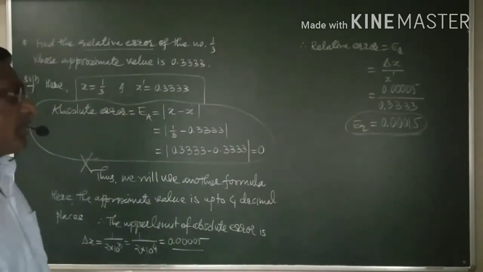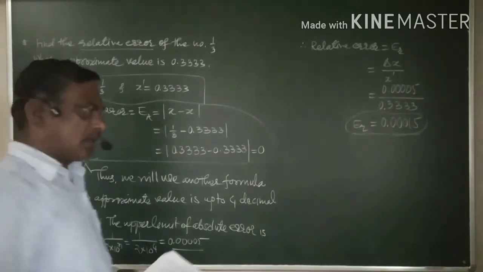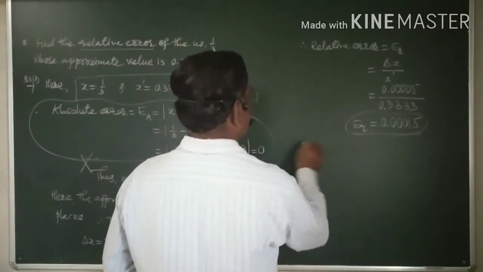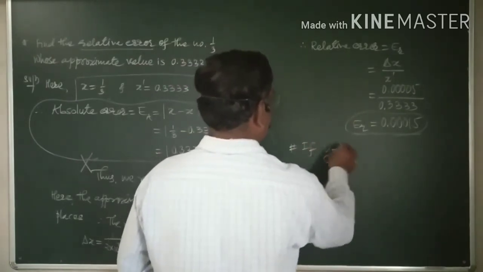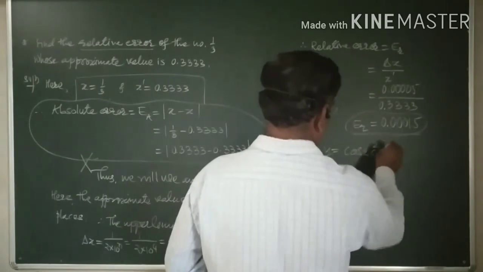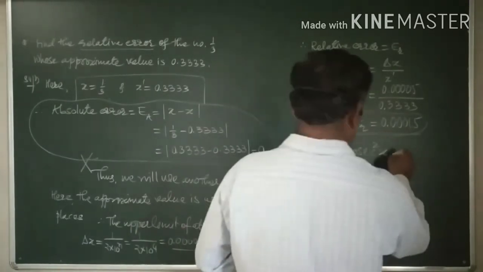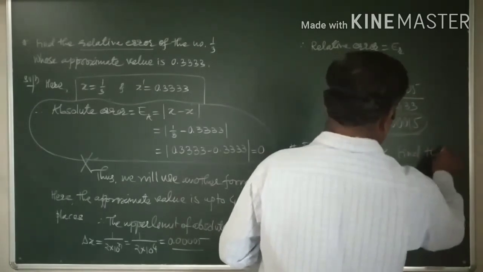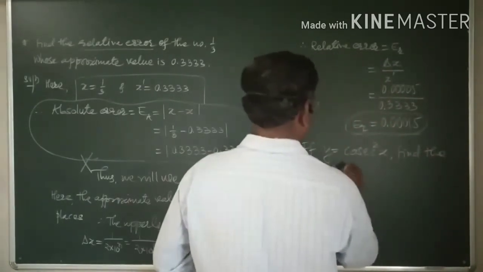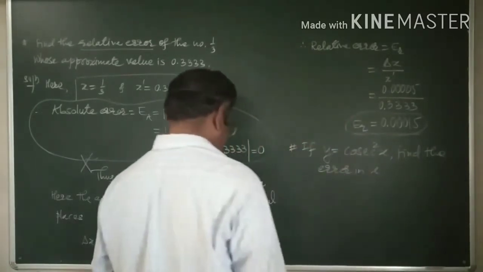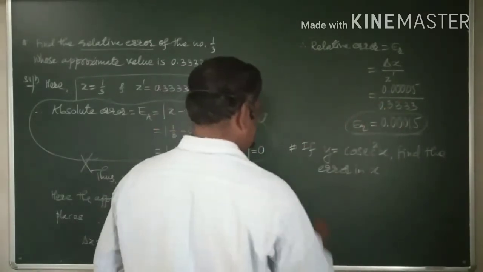One more example. Let me go for the argument, as far as argument is concerned. If y is equal to cosec square x, then find the error in x.